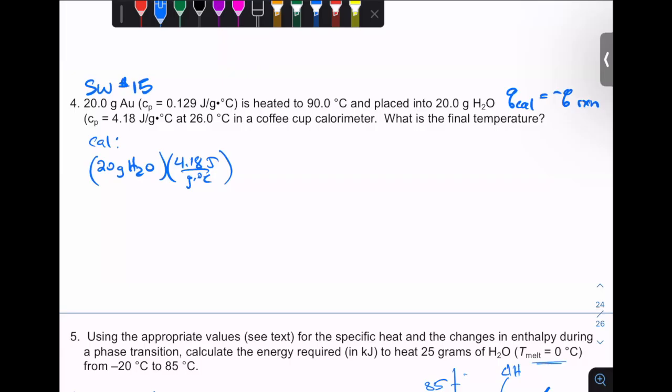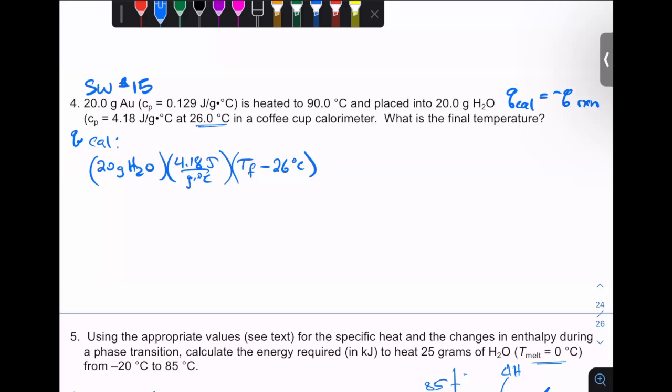And the temperature change that was experienced by the calorimeter is final minus initial. So we want T final minus that initial temperature, 26 degrees Celsius. And if I knew what T final was, that would be delta T, and we can compute what the Q of the calorimeter is.